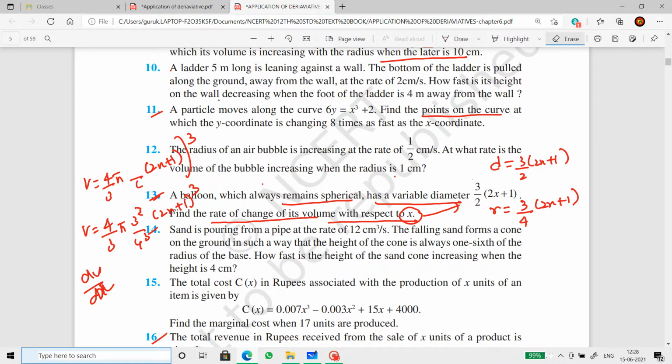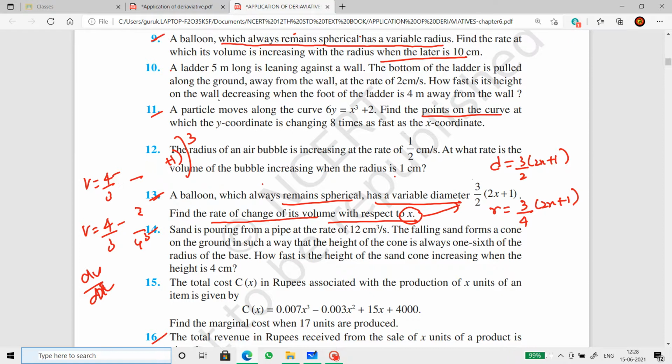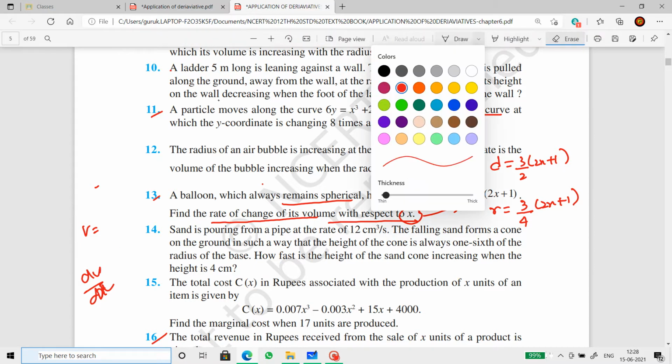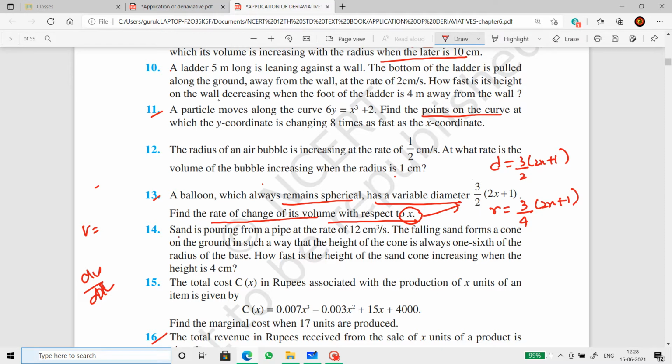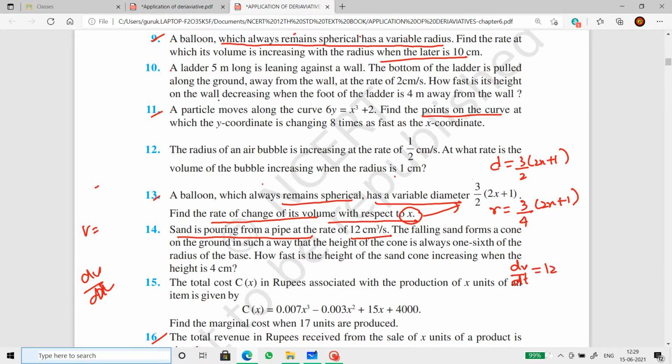Now, let's go to the next question. Sand is pouring from a pipe at a rate of 12 centimeter cube per second. So that means dV by dt is equal to 12 centimeter cube per second.